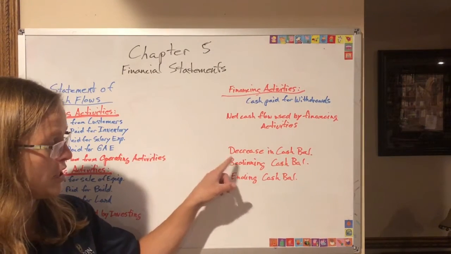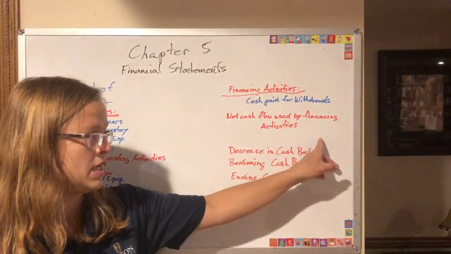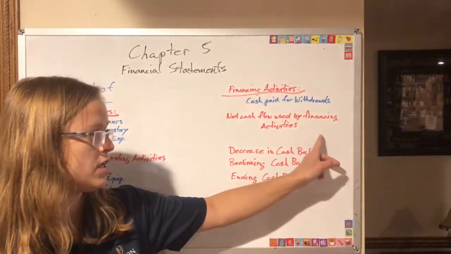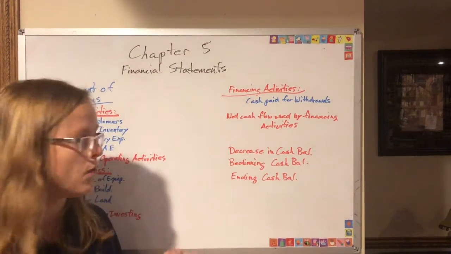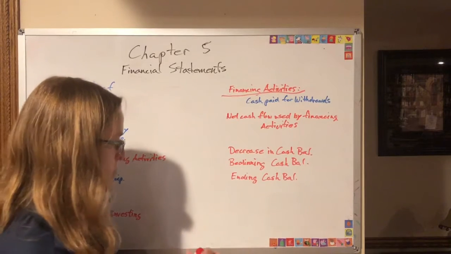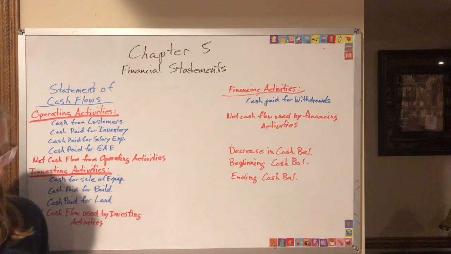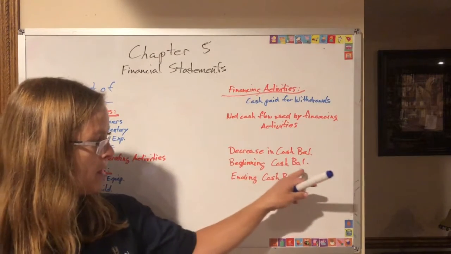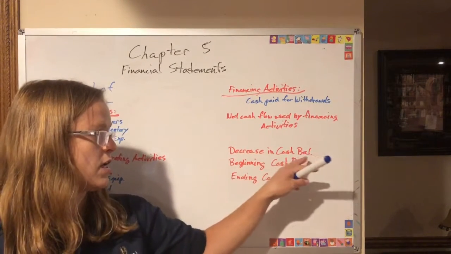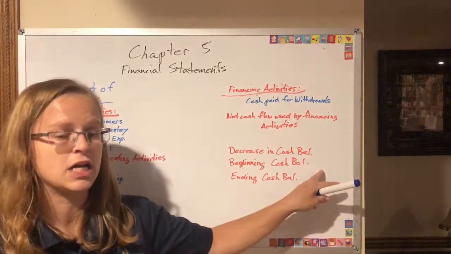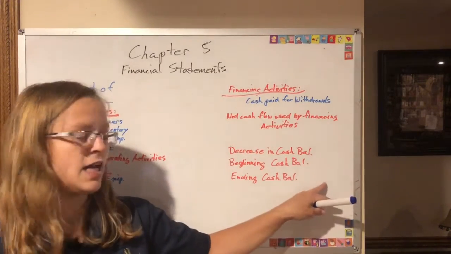Then you would have your decrease or increase in your cash balance, depending on what it was. Then you'd have your beginning cash balance. You would subtract your decrease in your cash balance from your beginning cash balance to get your ending cash balance.